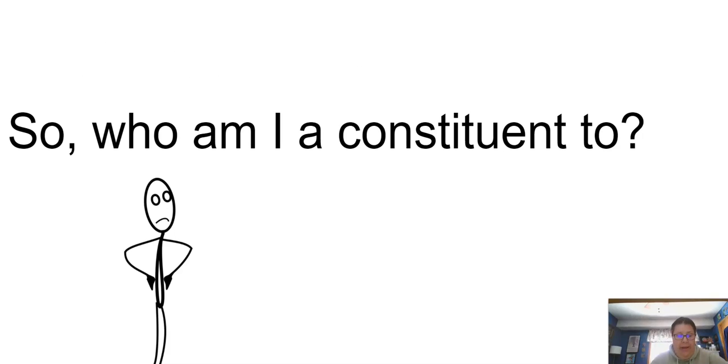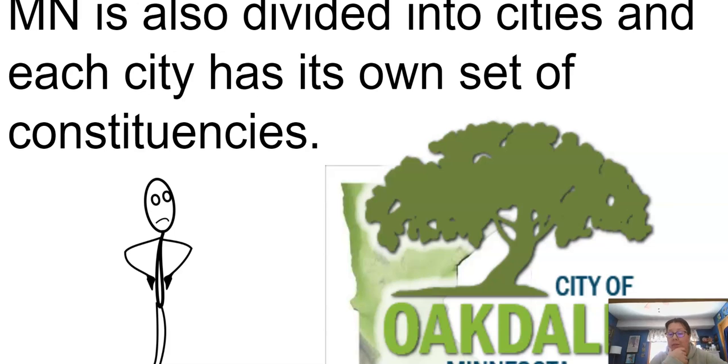Actually, we're backing it up. When we look at the city of Oakdale, you have a mayor who represents all of the people in the city, and then there is a city council. Now, Oakdale has made a decision, and they can, as a city, that their city council members are called at-large members, meaning they don't represent a specific part of Oakdale.